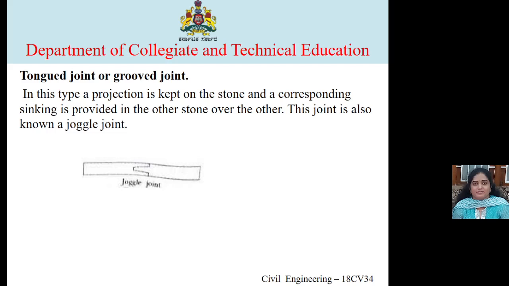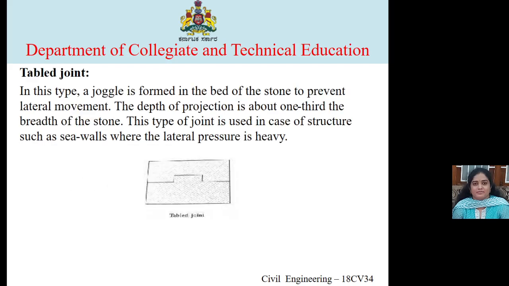So there is a groove in one, and in another stone there is a shape called tongue. That's why it is tongued. They lock each other. So this is called tongue joint, also called joggle joint.